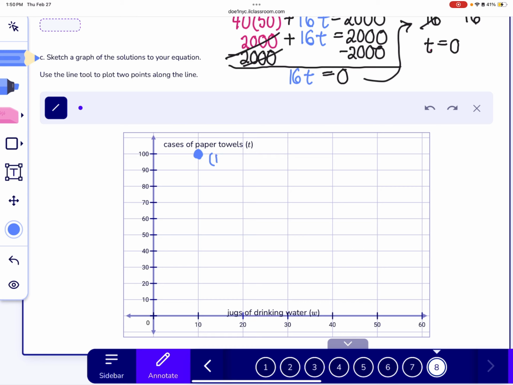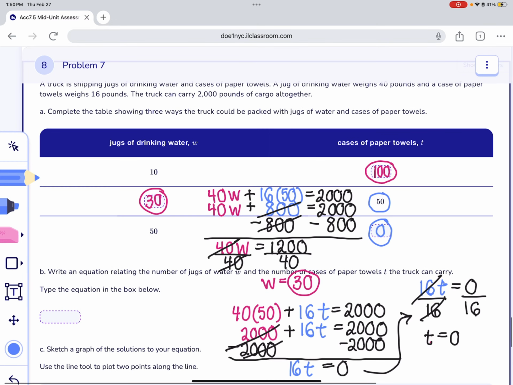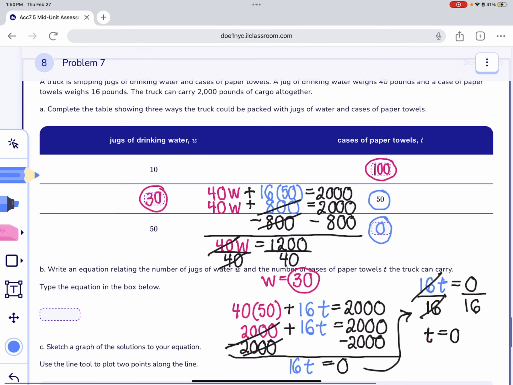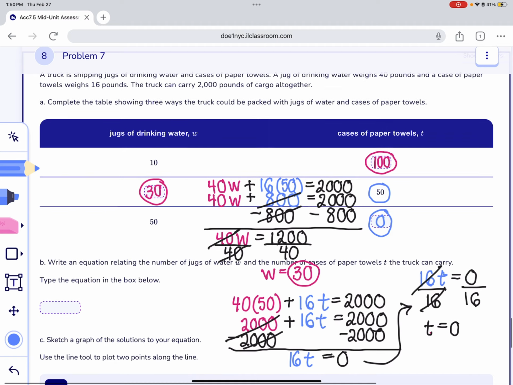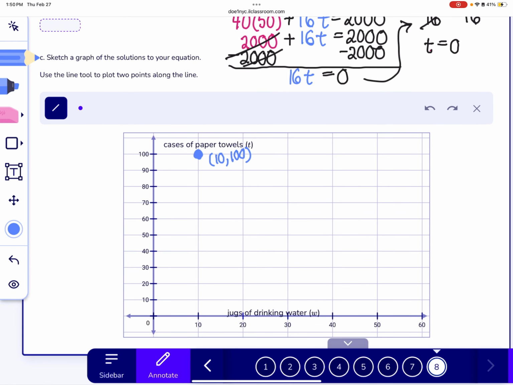And I will label this coordinate point as 10, 100. And if you take a look here, second row says that when W is 30, T is 50. So I'm going to locate 30, 50, which is right over here.